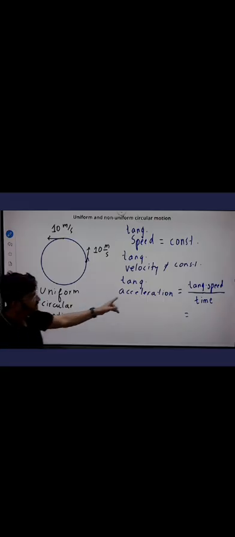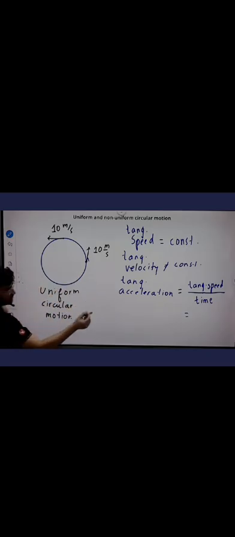Fine. So it's tangential speed by time. That's what you need to keep in mind. You may mistakenly write it as velocity, but it's not velocity, it's speed. So can you tell me here whether the tangential acceleration is constant? Is it zero?